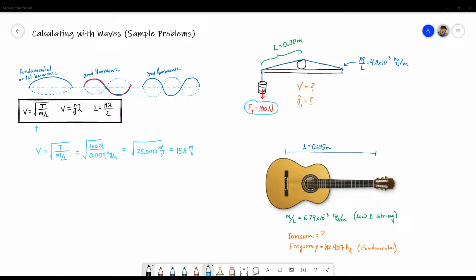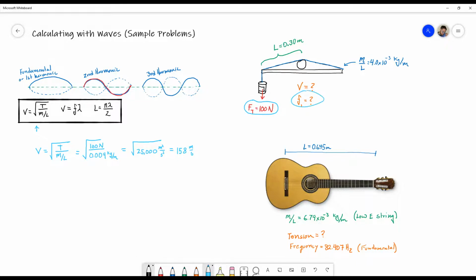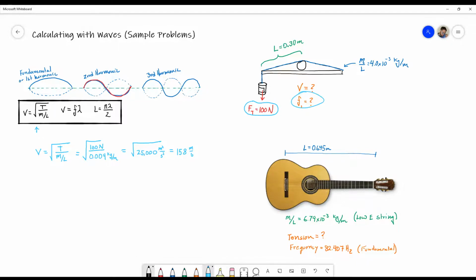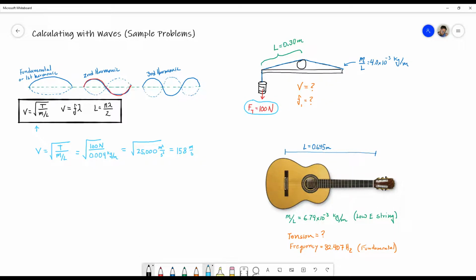All right, so there's our velocity. Let's go ahead and also solve now for the frequency. I now have a velocity, and if I look over here, I've got another equation which can help me out, where the second equation says I can figure out what the frequency is if I know the velocity and the wavelength.